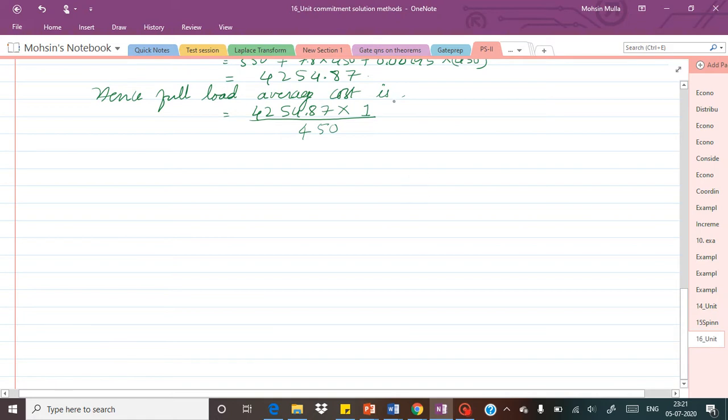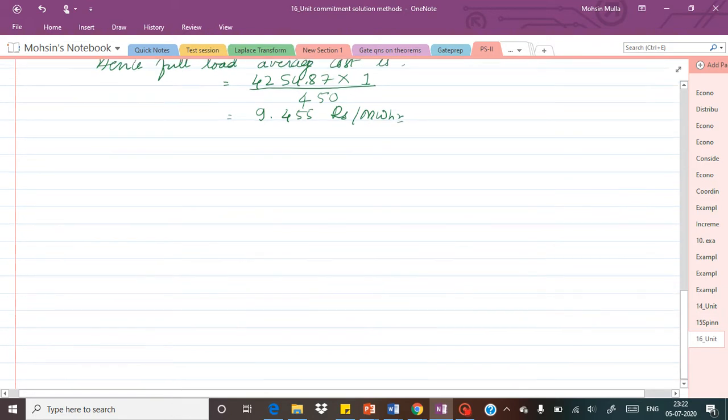So therefore what we are going to get from here is 9.455 rupees per megawatt hour. So here the average production cost is 9.455 per megawatt hour.